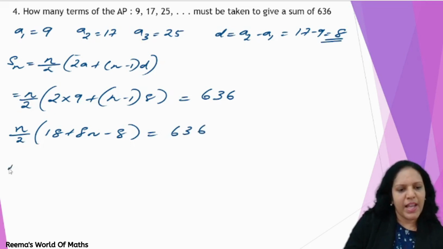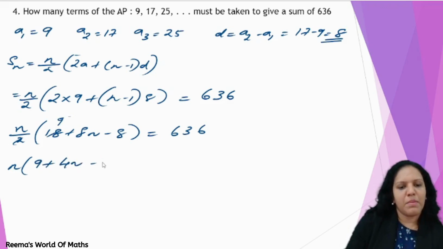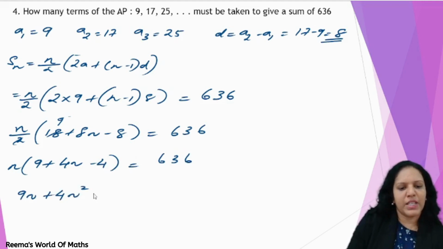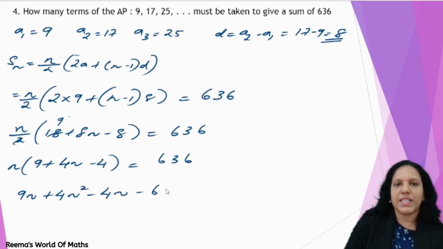So that will be n multiplied by 9 plus 4n minus 4, correct, equals 636. Again we can remove the brackets. So that is 9n plus 4n squared minus 4n. We can bring 636 to this side, so that is minus 636 equals 0.